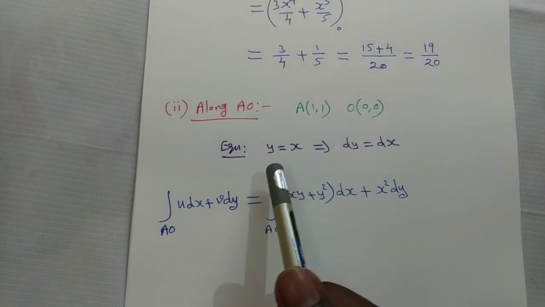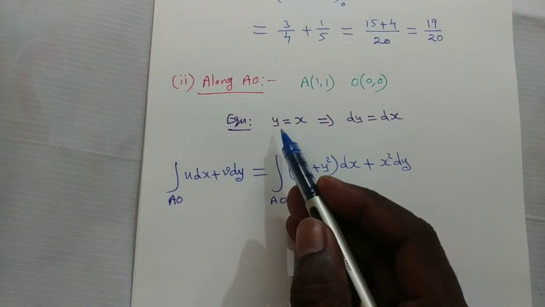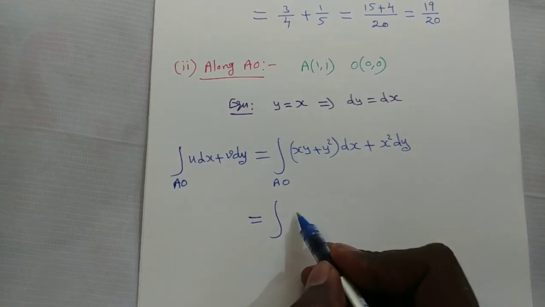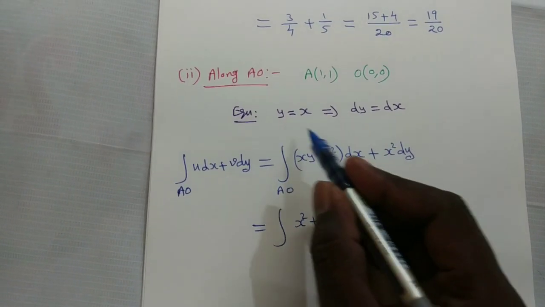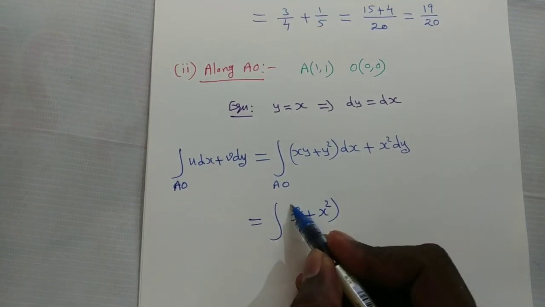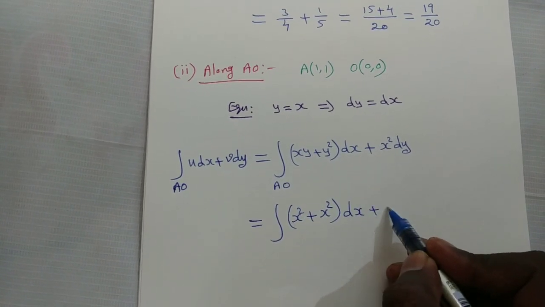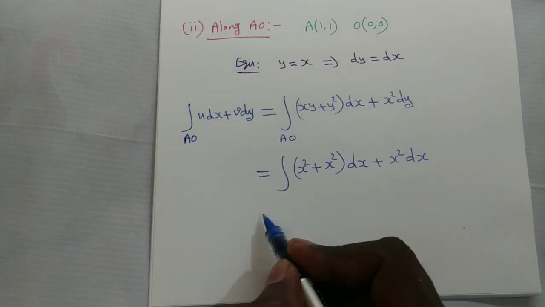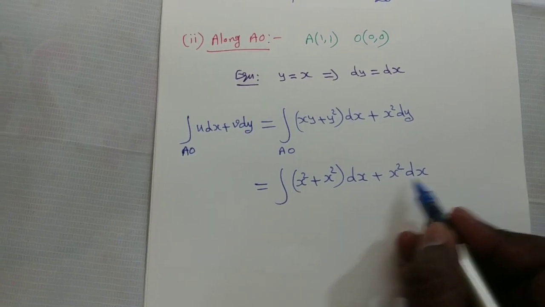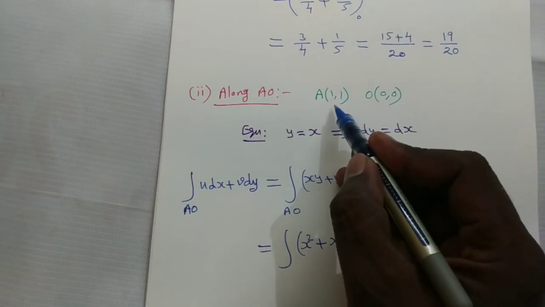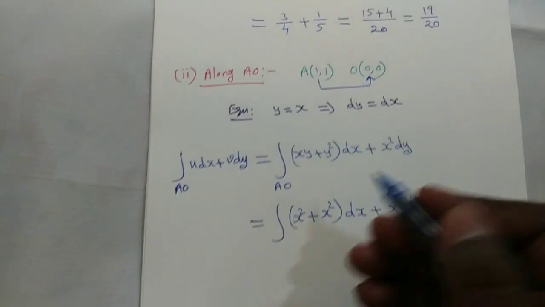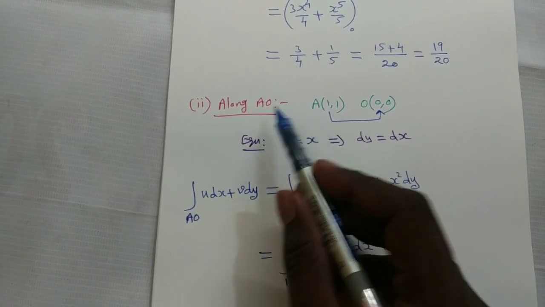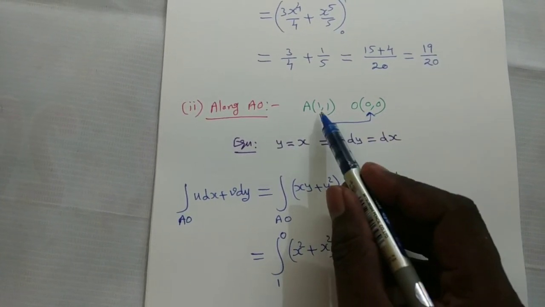Now this is y = x, so I am going to substitute y = x. So x into x is x squared, plus y squared, which is also x squared, into dx, plus x squared into dy. dy is dx. Now you see this is converted in terms of the single variable x. The limit for x is 1 to 0. Don't write 0 to 1, because along AO, from A to O, it is 1 to 0.